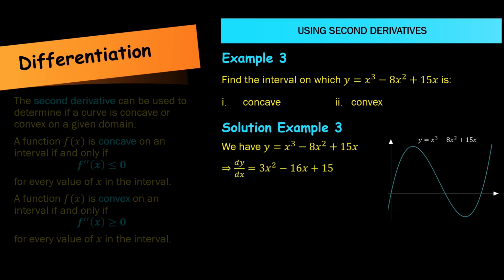If we differentiate this, we have that dy dx is equal to 3x squared minus 16x plus 15.